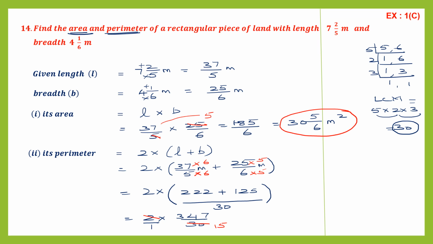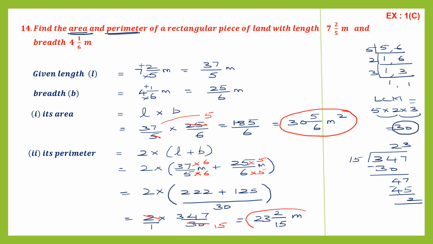Let's divide 347 by 15. 15 twos are 30, minus, 4, 7, 47. 15 threes are 45, minus, we have 2 here. So our answer here will be 23 2/15, and since we are finding the perimeter, the unit is meters. So 23 2/15 meters is the perimeter.